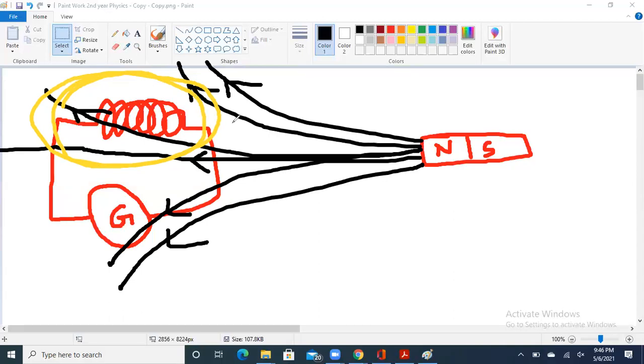Now let's see the other situation when the magnet is moving from right towards the left. What will happen in that situation? Let's see.